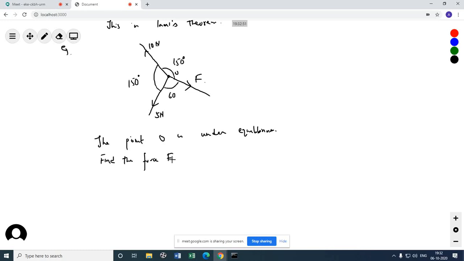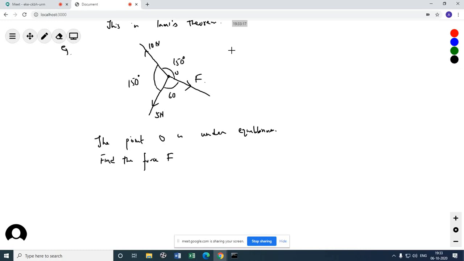Done? So here F1 by sine 150 is not equal to F2 by sine 150. Maybe they will be unbalanced, because I just roughly made them.